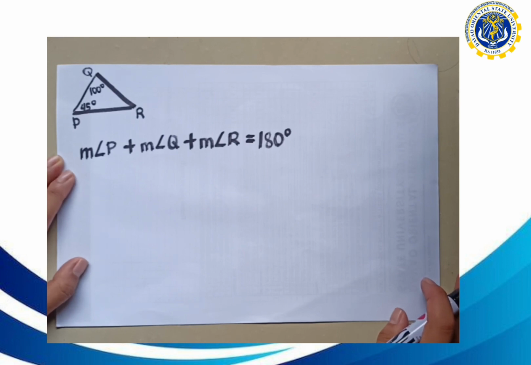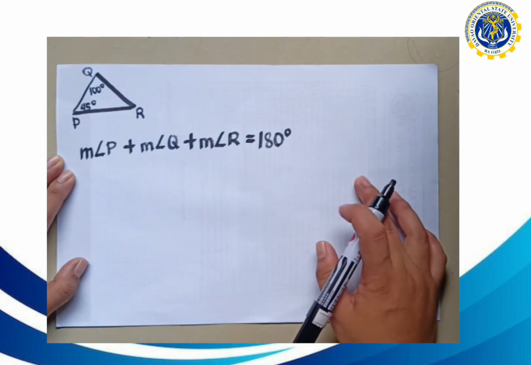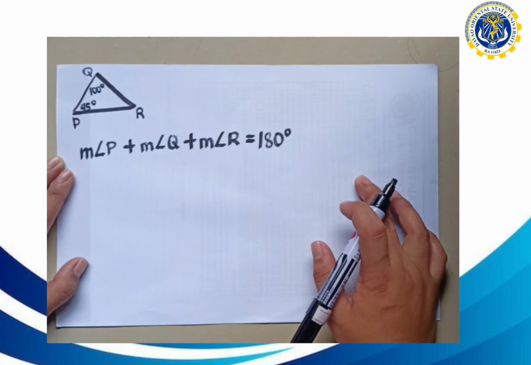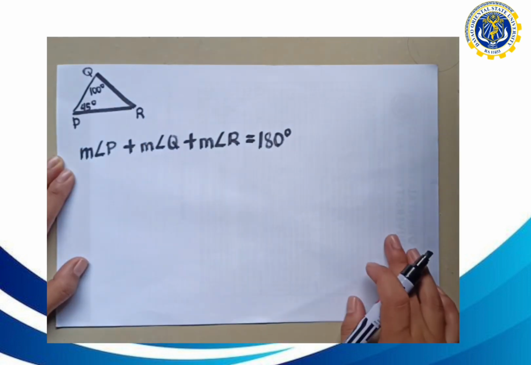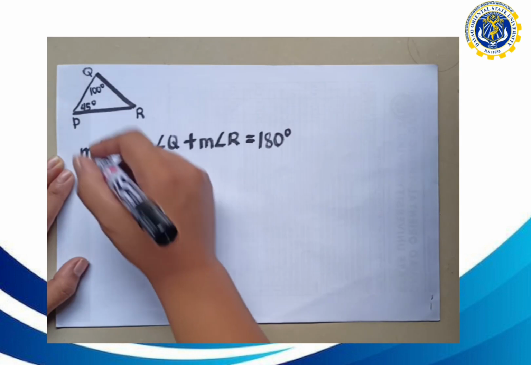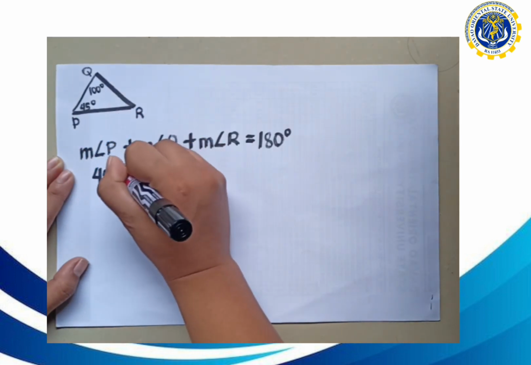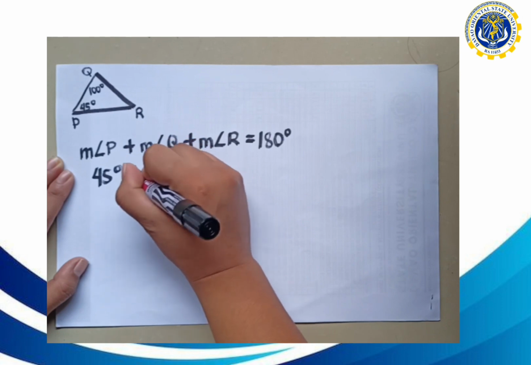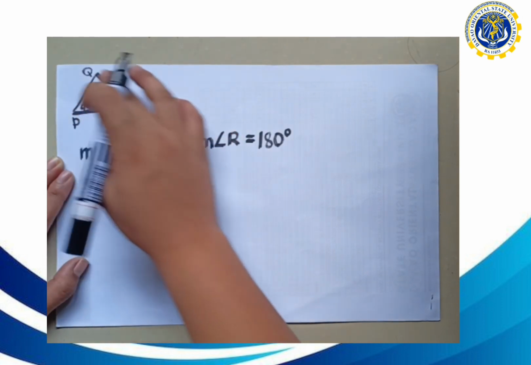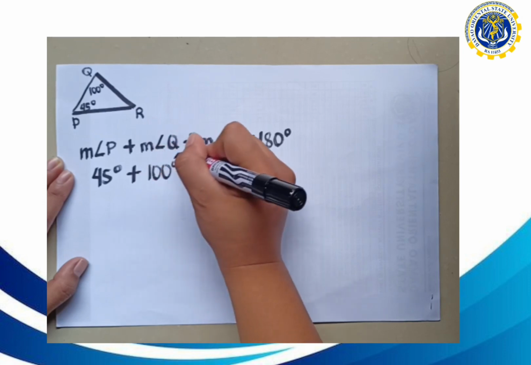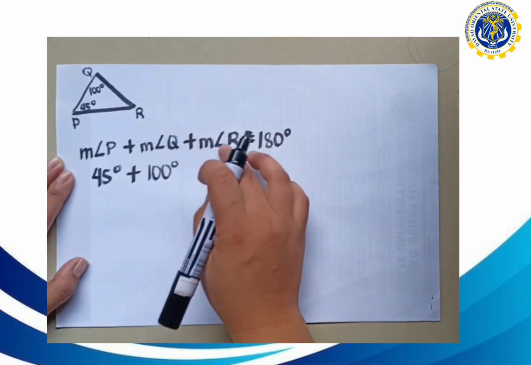Then after this, substitute the given angle measures. So we have the measure of angle P is 45 degrees plus the measure of angle Q, 100 degrees.